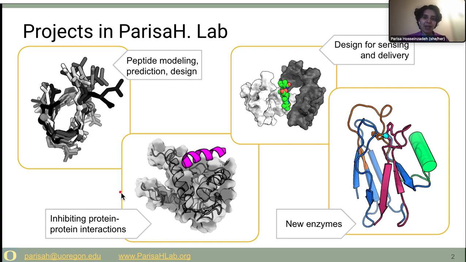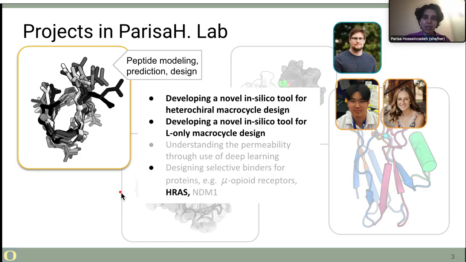Projects in my lab are all really exciting protein-based projects. I design peptides all the way to try to mimic new enzymes. But today, I am going to focus on the projects that are related to peptide modeling and design.